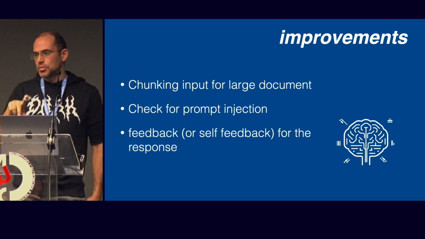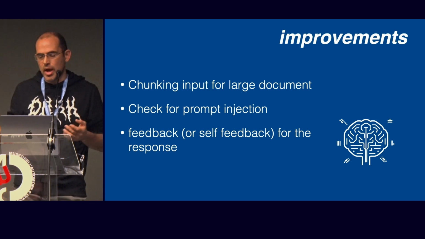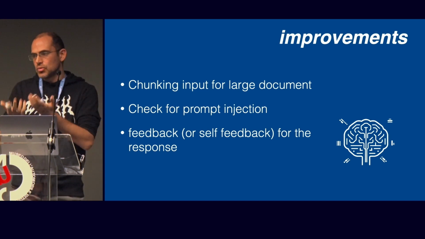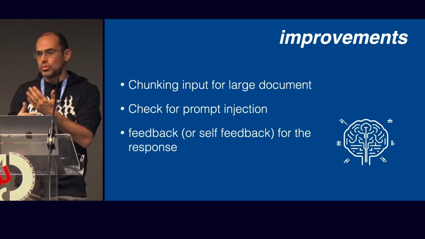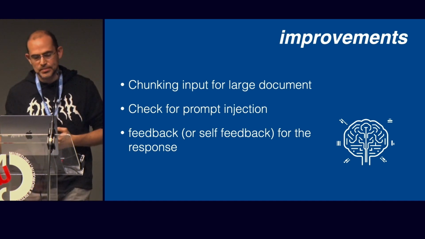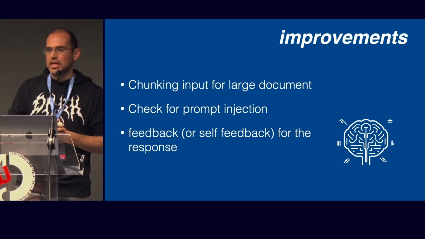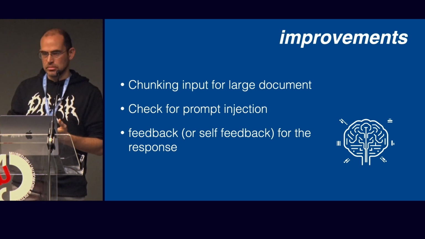In this way, ChatGPT thinks about the answer in a different way. And in this way we could say, okay, it's okay, or no, it's not okay, and maybe we could fine-tune our output.